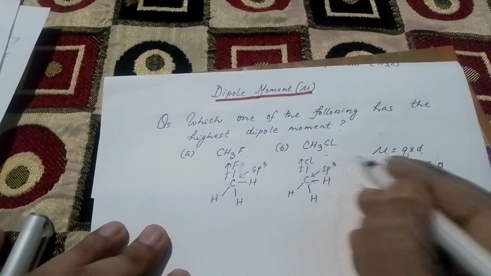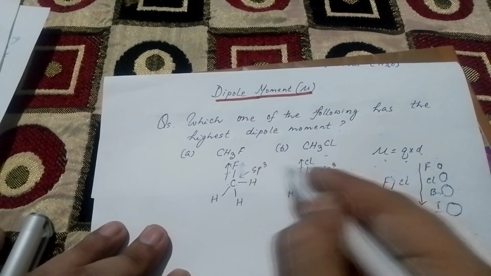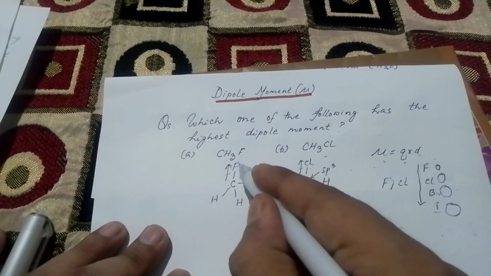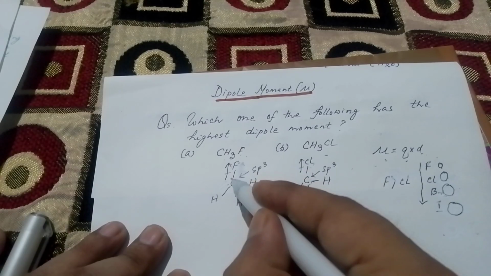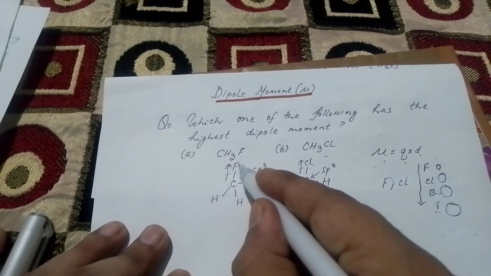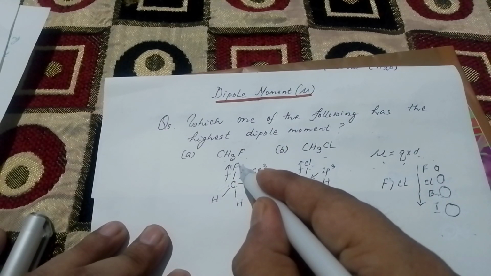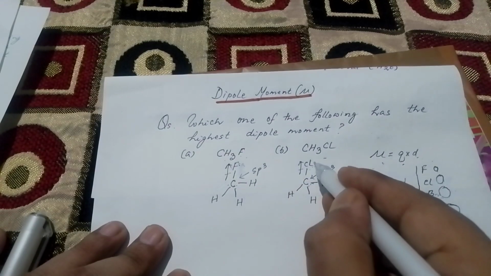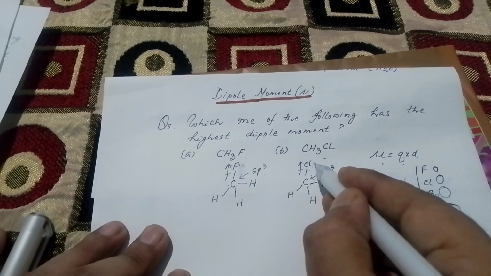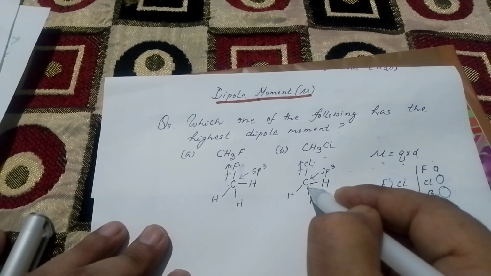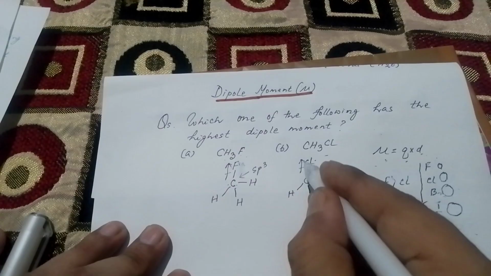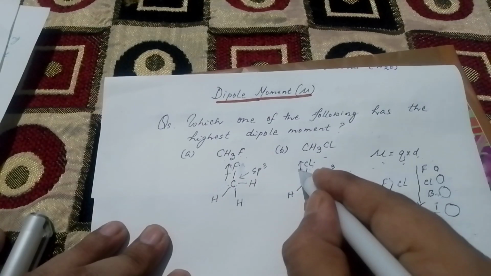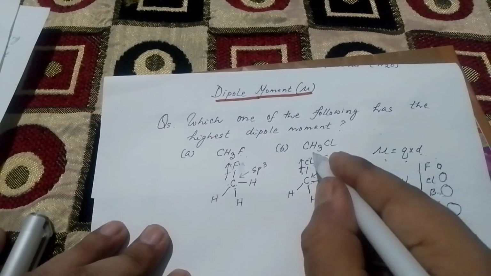If you compare carbon and fluorine, the charge is shifting towards fluorine, because fluorine is highly electronegative compared to carbon. Chlorine also, in the same way, is more electronegative than carbon. So it tries to pull the electron density. That is the vector sign we have shown here.